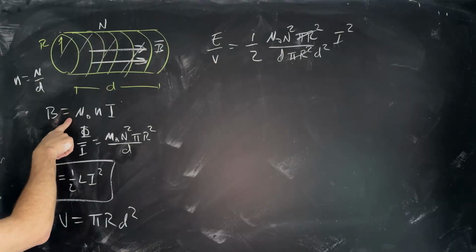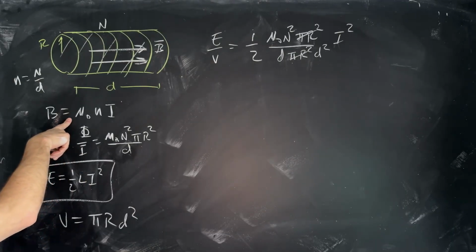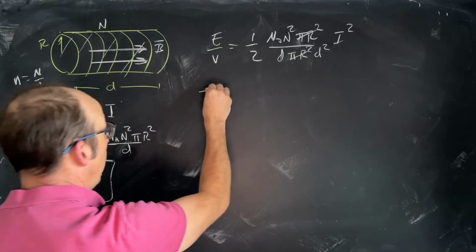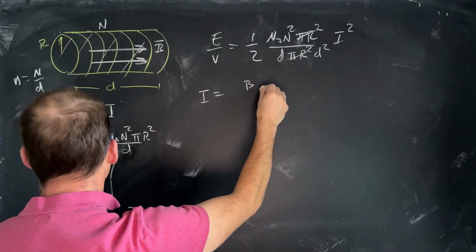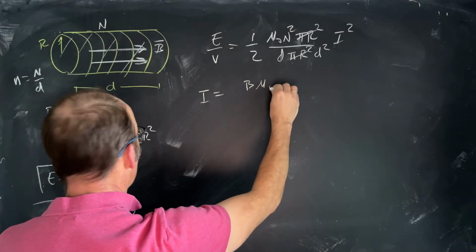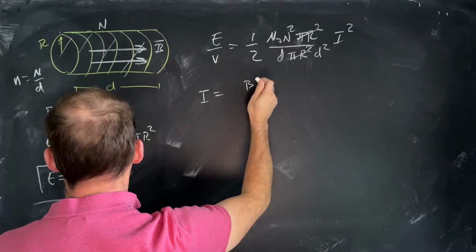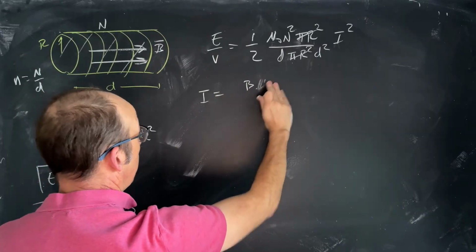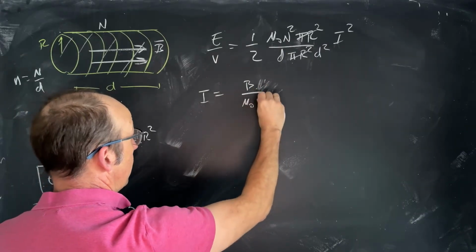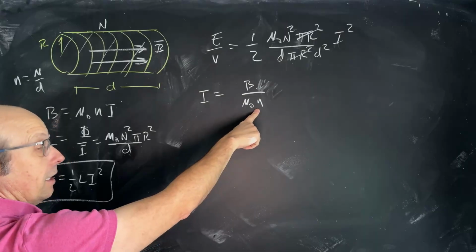But over here, I can write I in terms of the magnetic field. So I is equal to B divided by mu naught N. And remember, N is the turns per unit length.